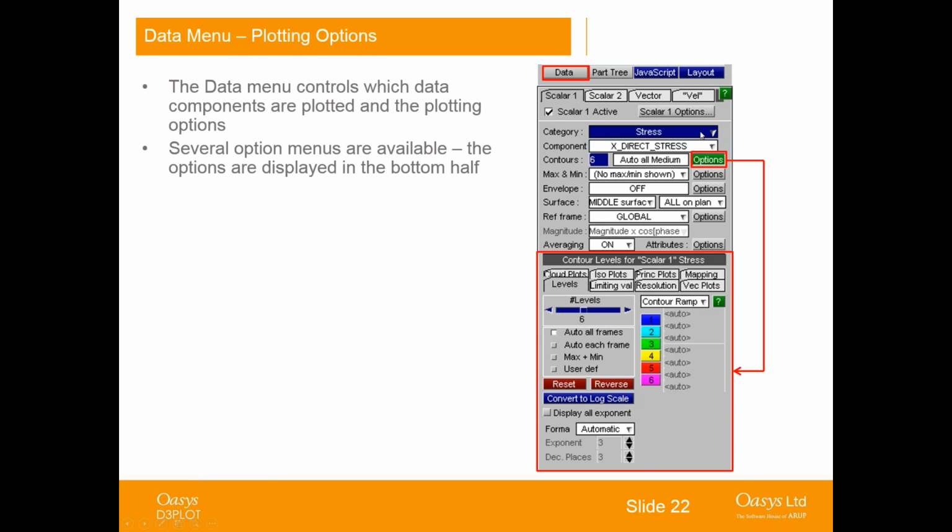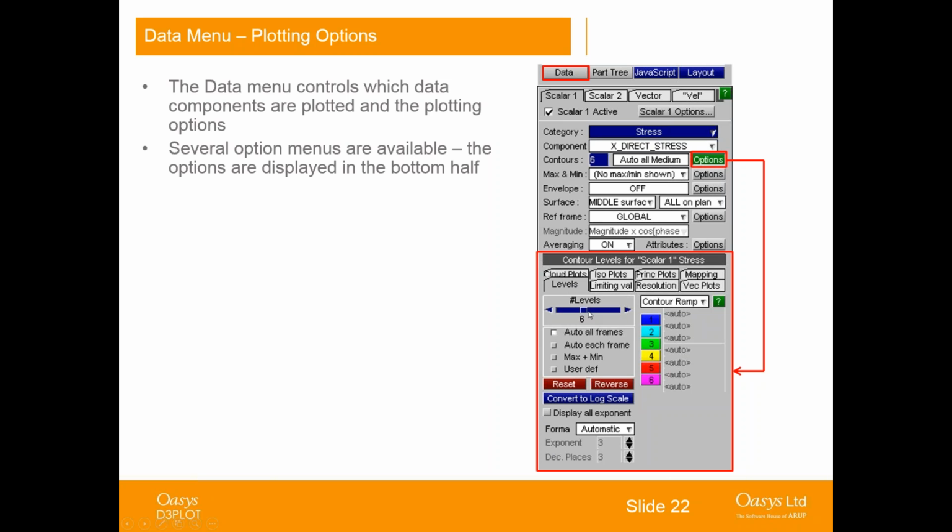So for example, in this case, the category is stress and the component is X direct stress. We can then choose the number of contours we want in our plot, anything from 1 to 13. And if we choose the contour options menu, we get a sub-menu down here and a whole list of extra options that we can use.